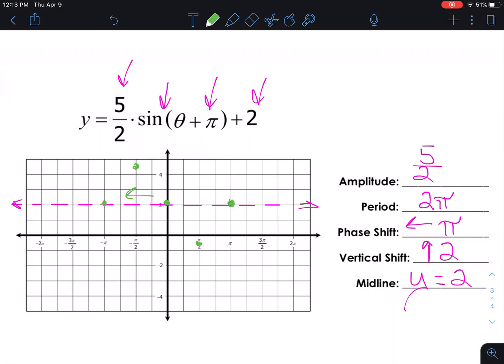After this, I've got to go another 2 ones over and 2.5 units up from my pink midline there. And then back down here, and that would be on to the right. That would be as many dots as I could fill out there. This one is going back to the left.